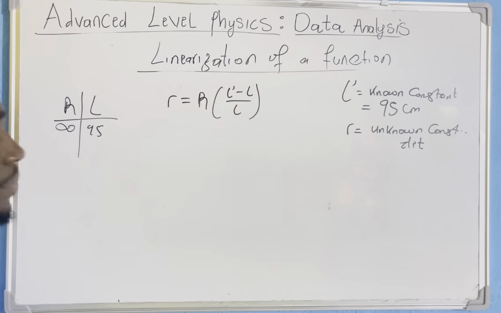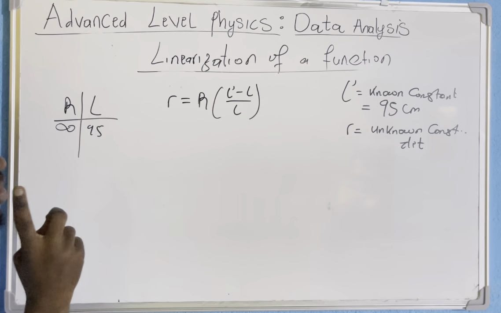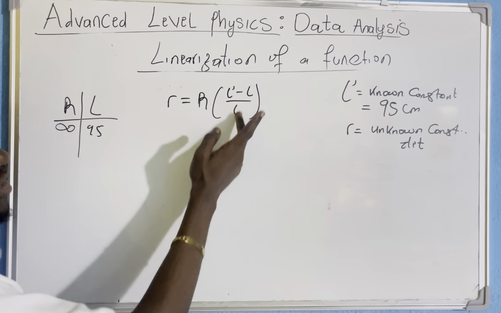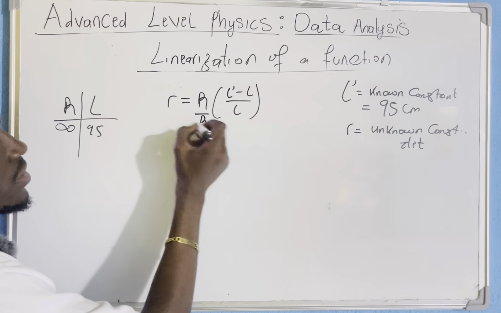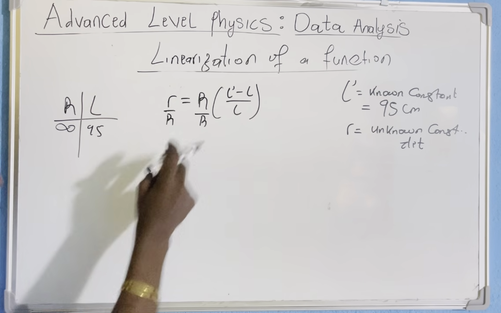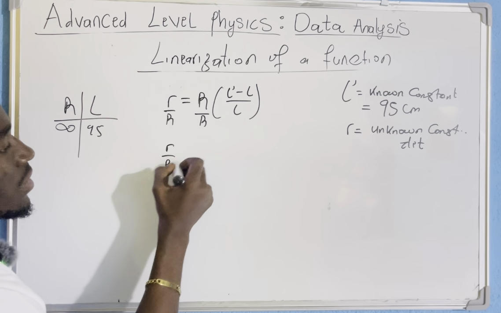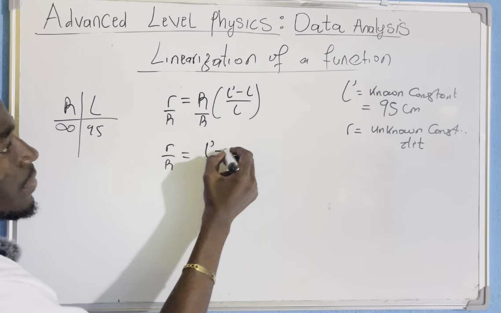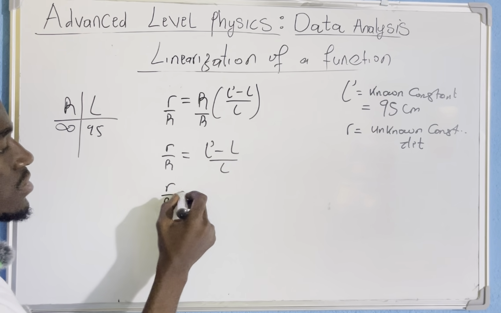Now look up. What I can do here, as I always said, is avoid opening the bracket when you are not sure. Like I'm having a fraction here, so I can first of all divide both sides by big R like this. Are we together? To remove this big R, I will have small r all over big R equals L prime minus L all over L. Then I split this into two fractions.